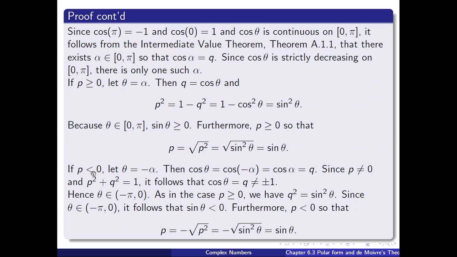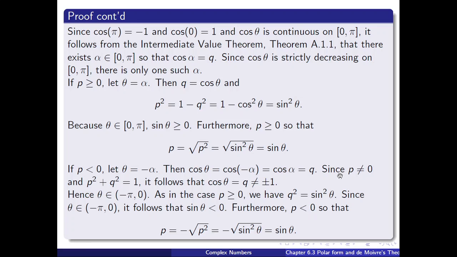And then if p is less than 0, let theta be equal to minus alpha, then cos theta will be equal to cos of minus alpha, which is equal to cos alpha, which is equal to q.